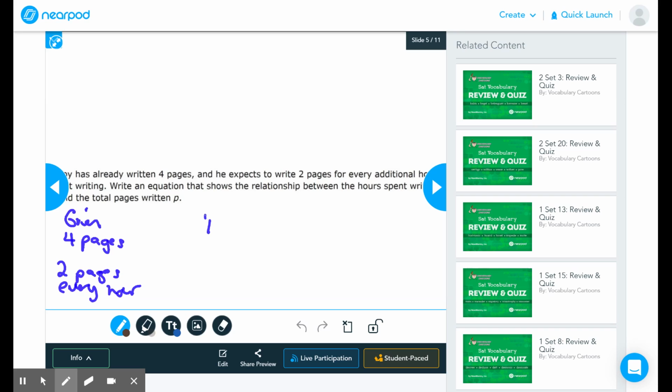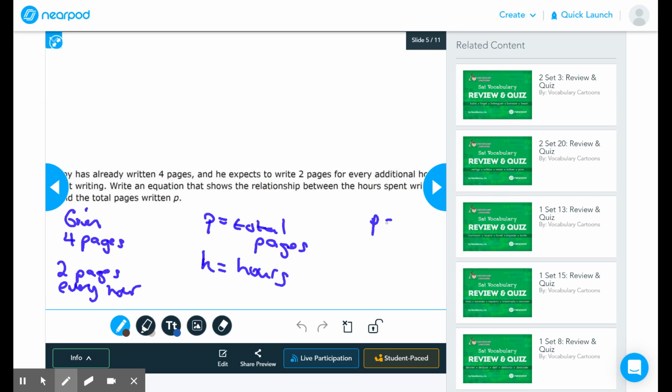So you can use P for total pages, and then I can't see what letter they use, so I'm just going to use H for hours.